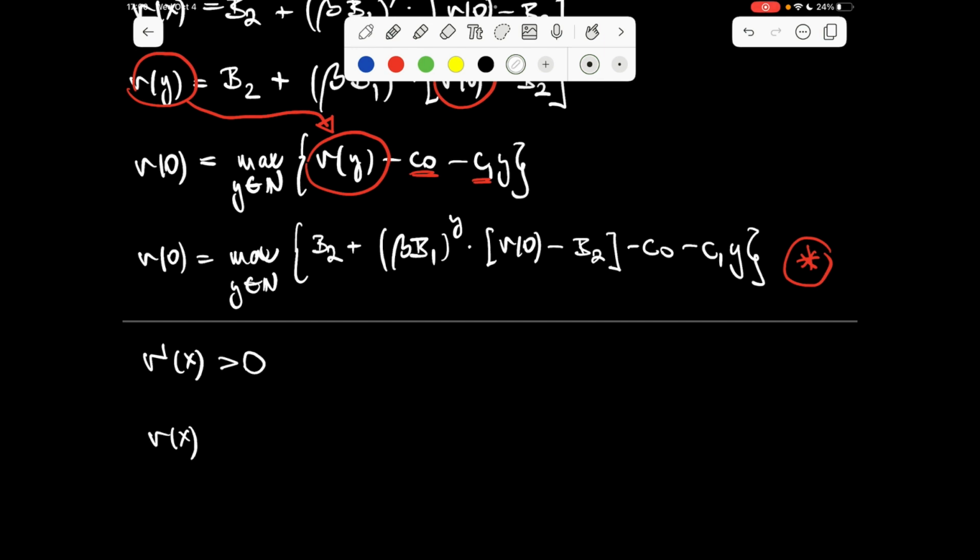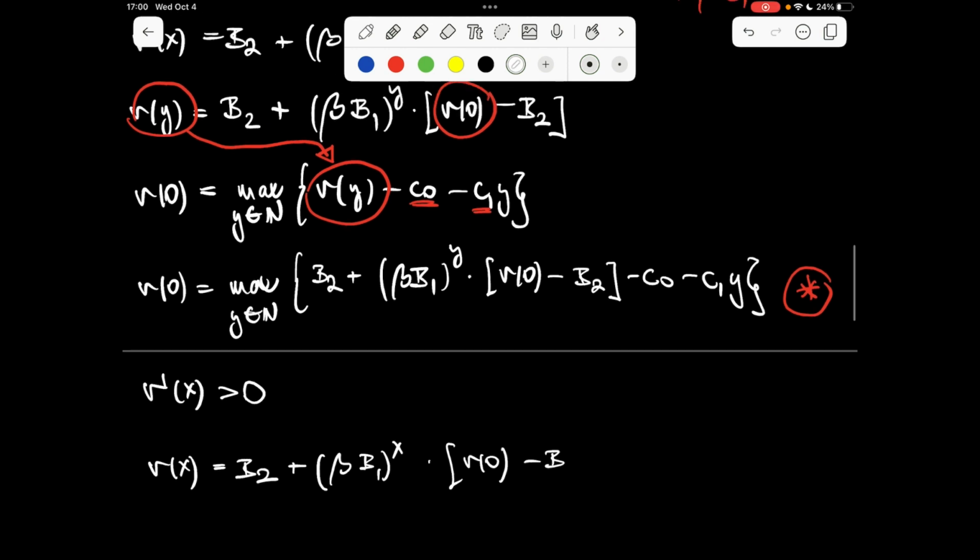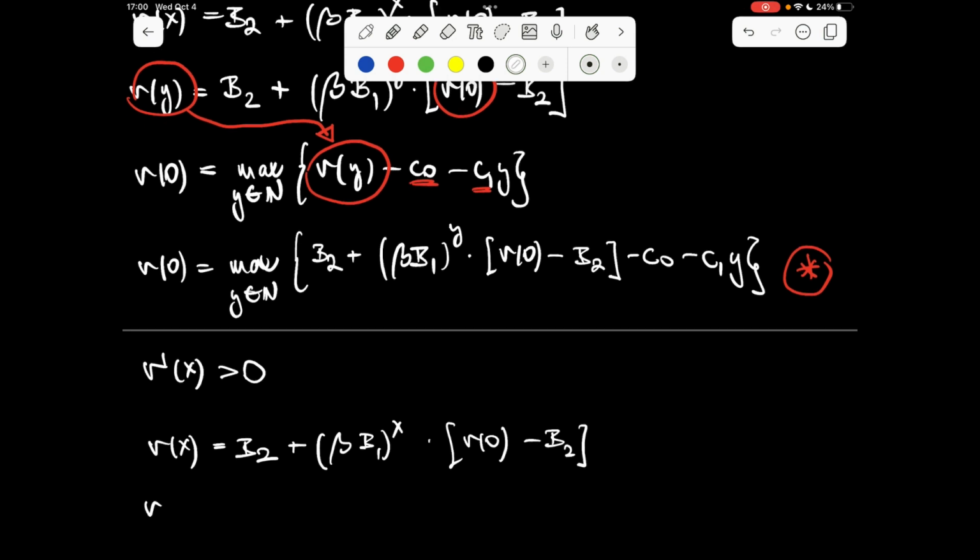Given that the value function is this guy, no surprise, we have the following function that describes its monotonicity.